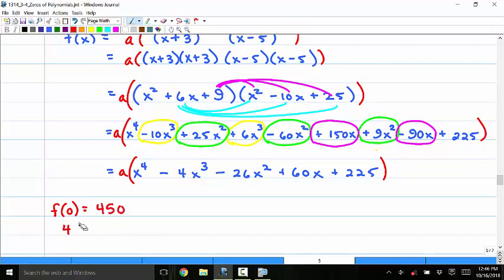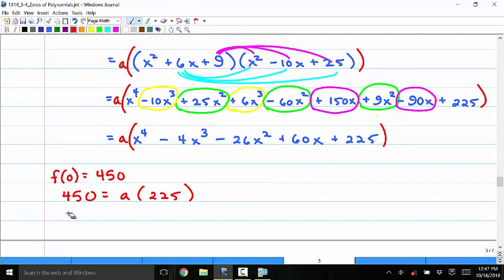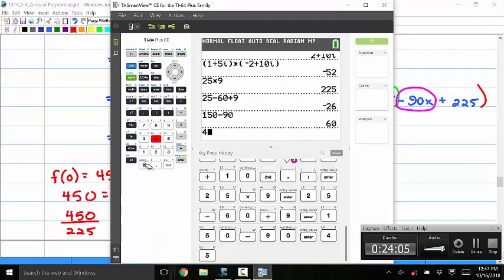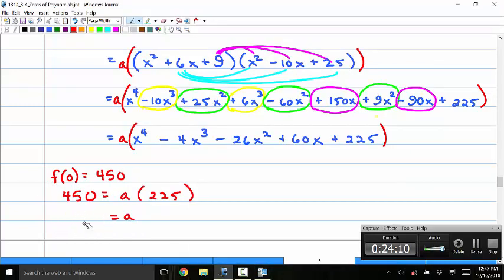So 450 is supposed to equal a times 225. Because all that stuff underlined, what happens to it? If I plug 0 in for x, all that stuff that's underlined turns into 0. So a is going to equal what? What is 450 divided by 225? 2. So a equals 2.